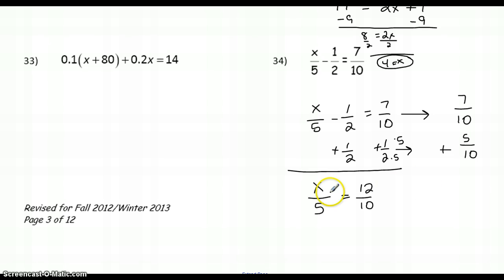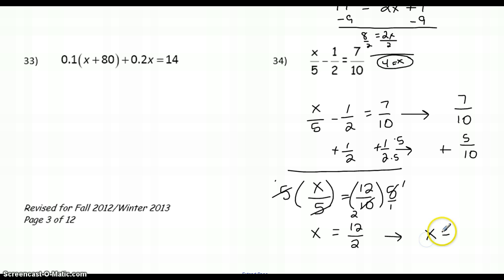Okay, now it looks like I've got x divided by 5. The opposite of division is multiplication, so we're going to make sure that we multiply both sides by 5. 5 goes into 5 once, so that gives me x, 1x, or just x equals 5 goes into 5 once, 5 goes into 10 twice, so it gives me 12 divided by 2, which simplifies to x equals 6.